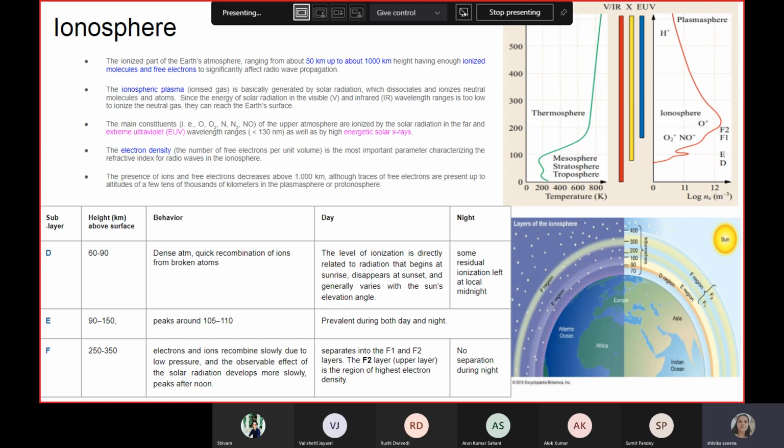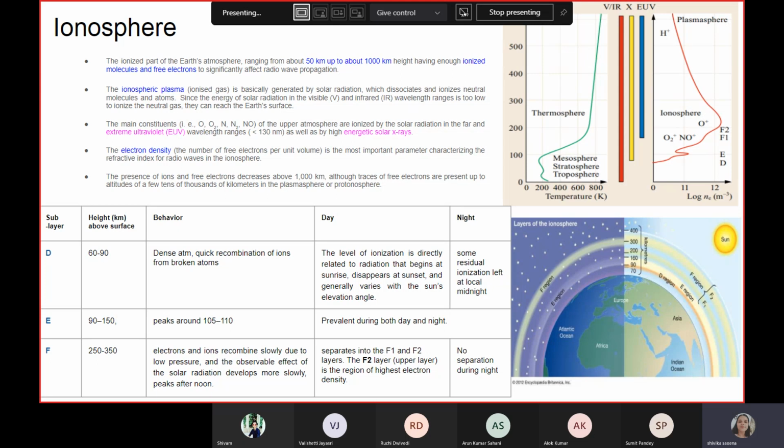The capital E layer, which is at a height of 90 to 150 kilometers, is present during both day and night. Naturally during the day it is more active, while in the night it doesn't disappear. The ionization doesn't disappear as much as it does for the D region.